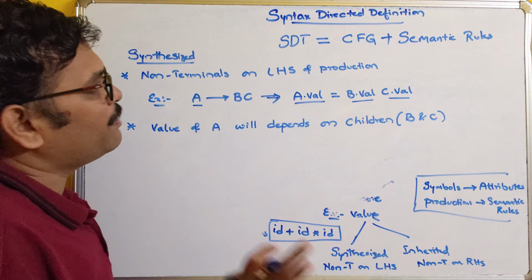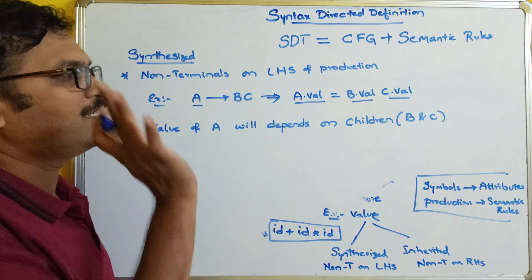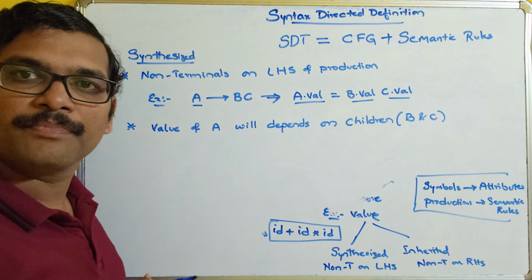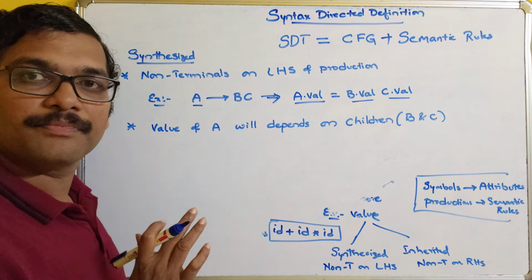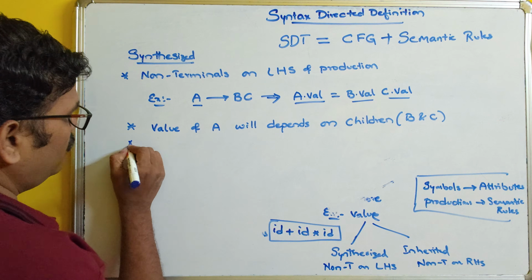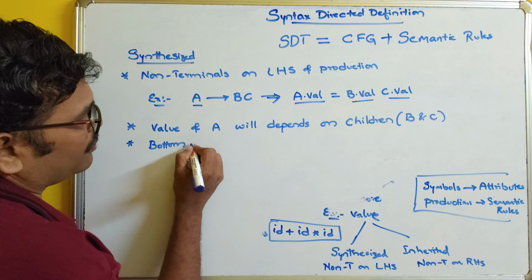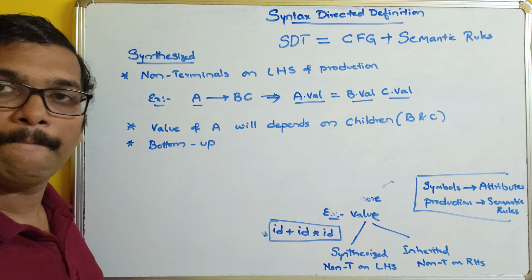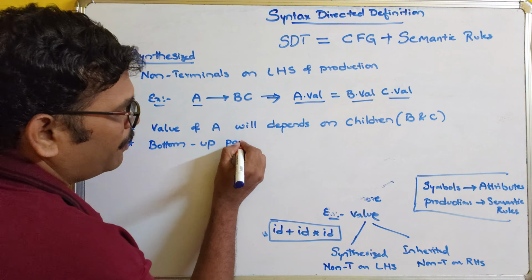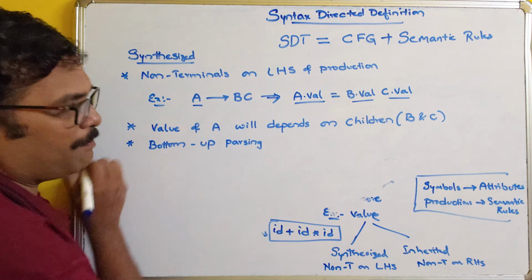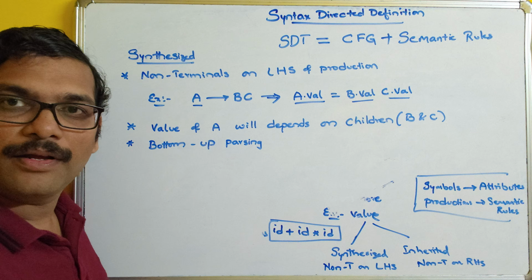Here, remember only the non-terminals on the left hand side, so don't consider B and C. It also follows bottom-up parsing.